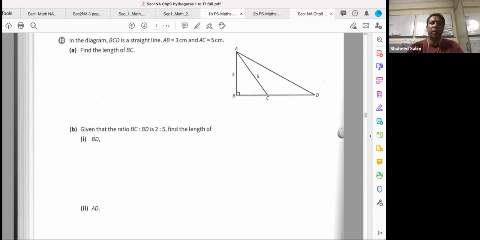Okay, well done. So now down here, you know this is 4, and then they tell you about ratio. The ratio is BC to BD, which is down here. One is the red part, the other one is the green part. One is BC, the other one is BD. So they want you to find what is BD.